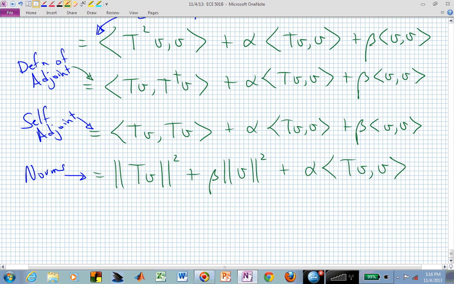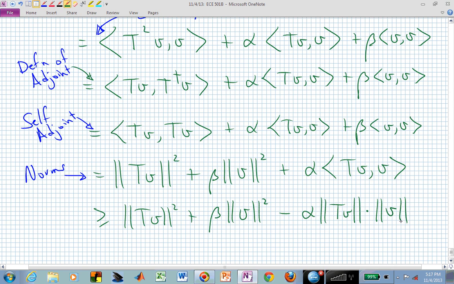So that now to lower bound this is bigger than the negative of the norm of TV times the norm of V scaled by alpha, by the Cauchy-Schwarz. So now I can actually say that this is greater than or equal to the norm of TV squared plus beta times the norm of V squared minus alpha times the norm of TV times the norm of V.